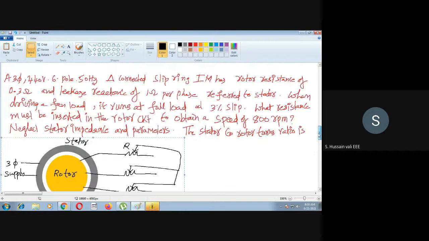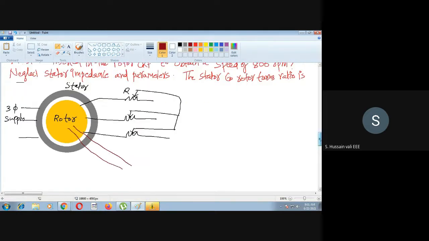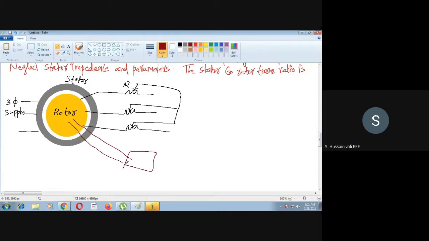So please see here now. What he said is that you are coupling this rotor to a fan. That's important. So your rotor is coupled to the fan.